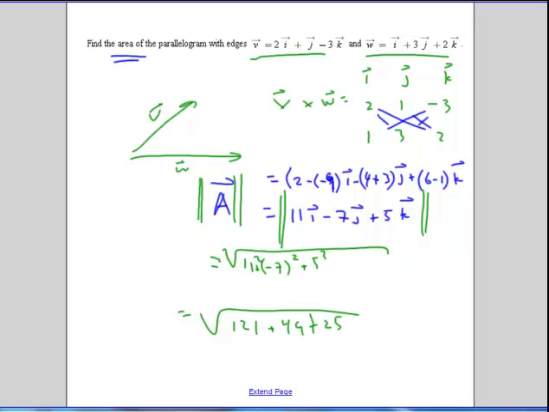I don't know if this works out nicely. So we get the square root of, I think, 195. So that's the area of that parallelogram, and we use the magnitude of the cross product to find that.